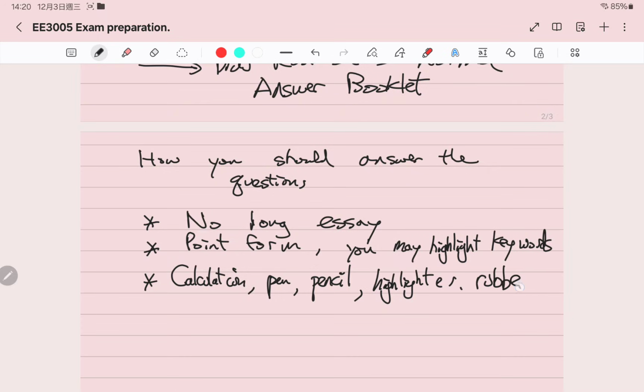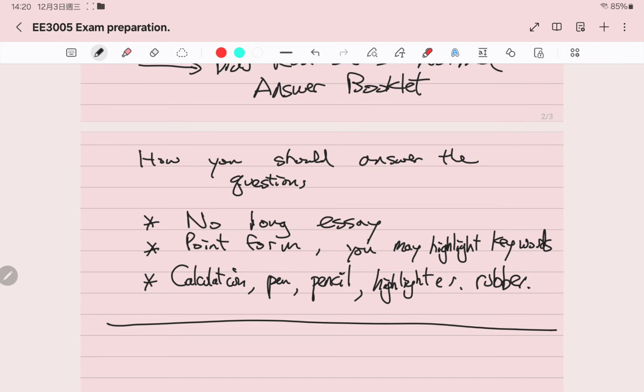If you draw anything wrong, make sure all the drawing elements, all these tools, are available to you. Don't, during the exam, put your hand up and say, oh, sir, I forgot my calculator. If you do this, I cannot help you. You just count with your fingers. If you do not have your calculator, no way that I can help you. So this is the important thing.